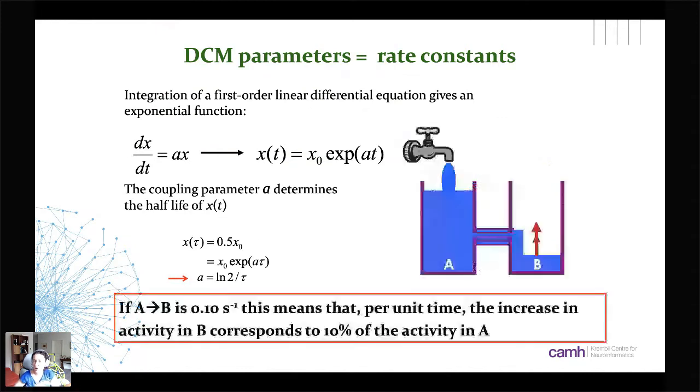And they're expressed in hertz, and they are not bounded. So for instance, if the connection from A to B is 0.1 hertz, this means that per unit time, the increase in activity in B corresponds to a 10% change of the activity in A. Okay, so for any DCM that you're working with, the parameters are rate constants and should be interpreted in this fashion.